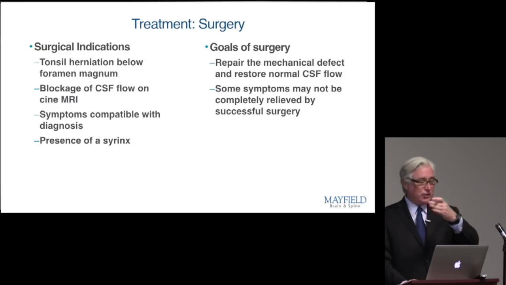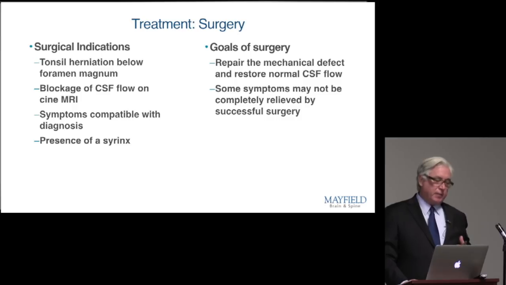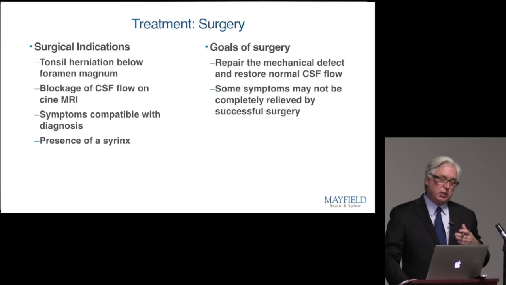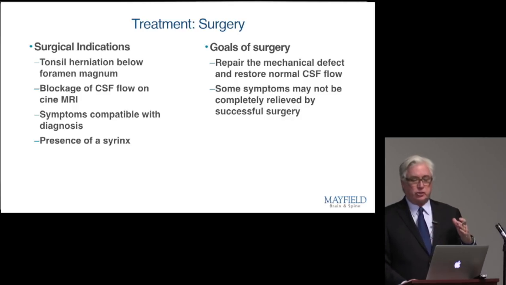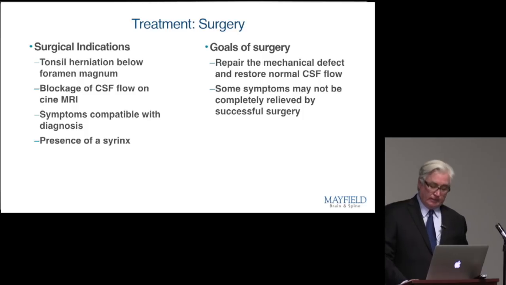Our MRIs are great anatomy, and they can show us that we have a perfectly reconstructed foramen magnum and there's no flow blockage, but patients still have some symptoms. So there's not always such a close association between having surgery and fixing everything. This is not like putting a new set of tires on your car where they should be perfect.